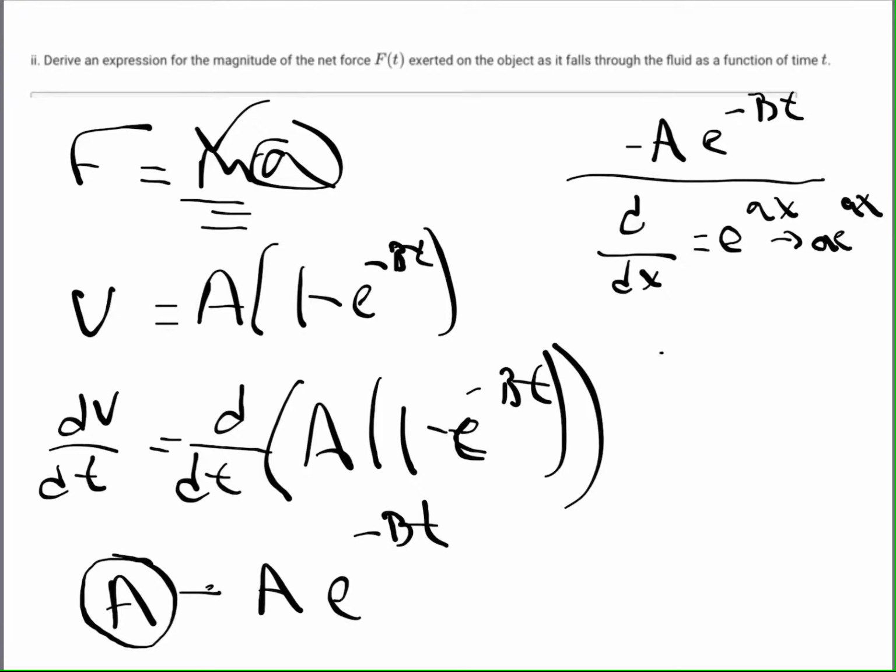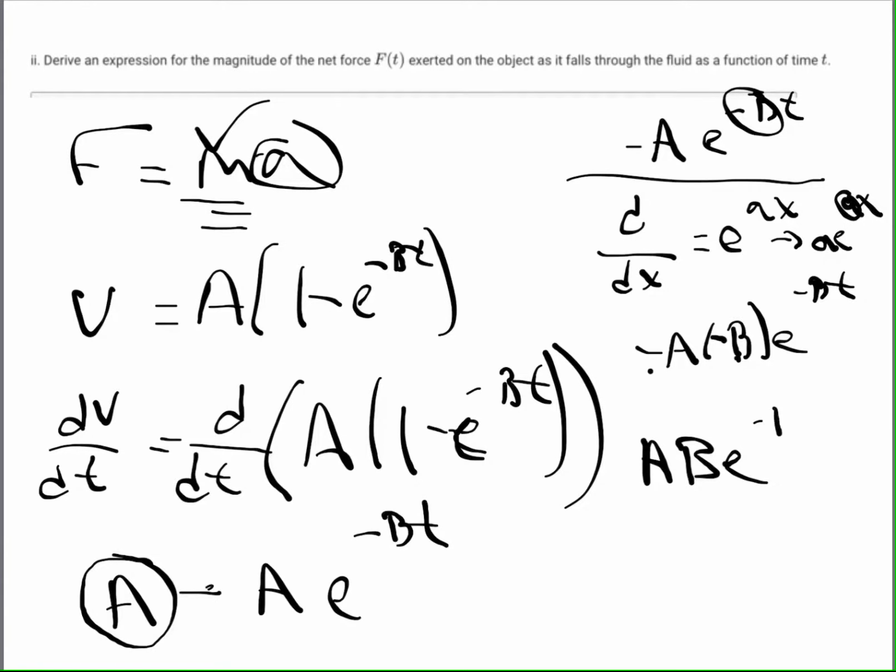So if we use that here, we're going to say negative a times negative b, right, that's what this is, e to the negative bt. So negative a times negative b gives me positive ab e to the negative bt. So that would be an expression for the acceleration.